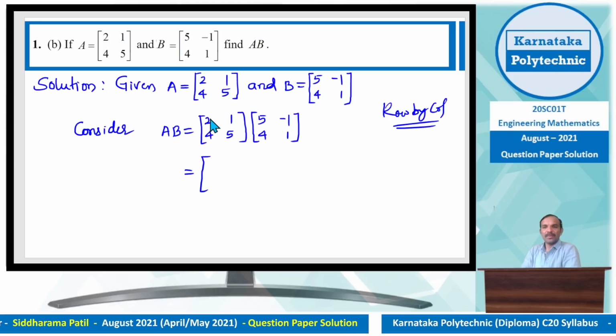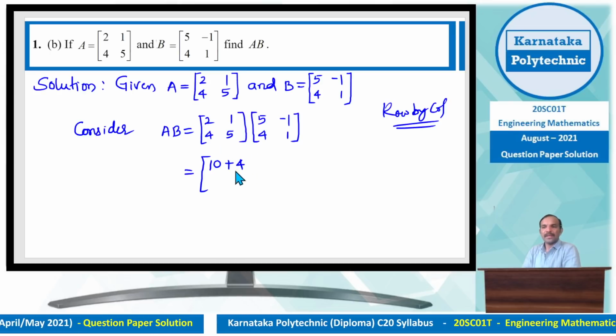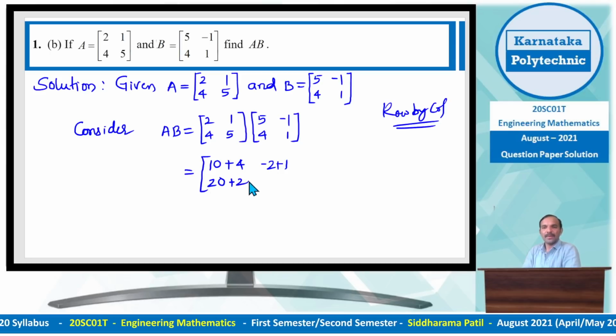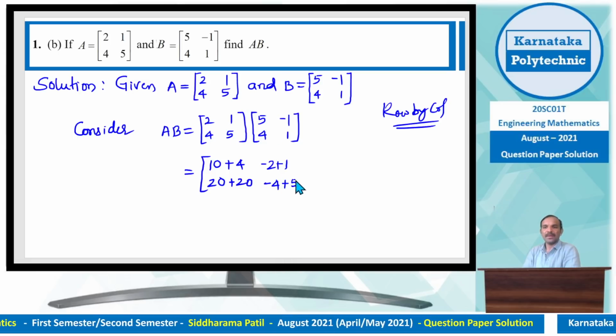First row first column: 2 into 5 is 10, 1 into 4 is 4, that is 10 plus 4. First row second column: 2 into minus 1 is minus 2, 1 into 1 is 1, minus 2 plus 1. Second row first column: 4 into 5 is 20, 5 into 4 is 20, 20 plus 20. Second row second column: 4 into minus 1 is minus 4, 5 into 1 is 5, minus 4 plus 5.